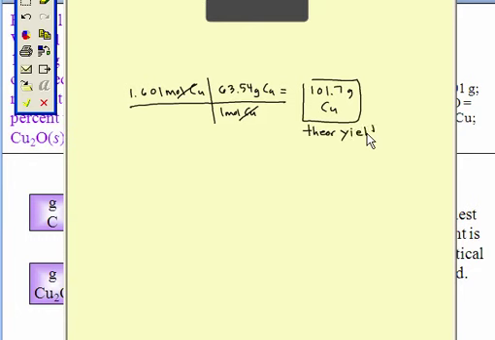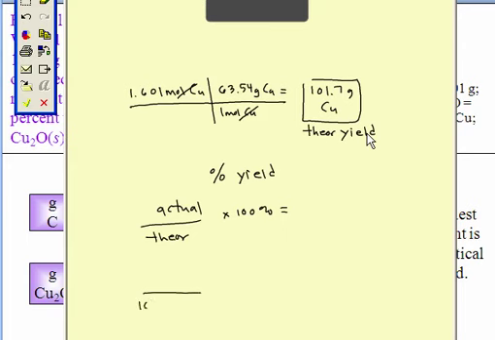Now the last thing we need to do is our percent yield, which is actual over theoretical times 100%. So our theoretical is 101.7 grams, and our actual was given as 87.4.